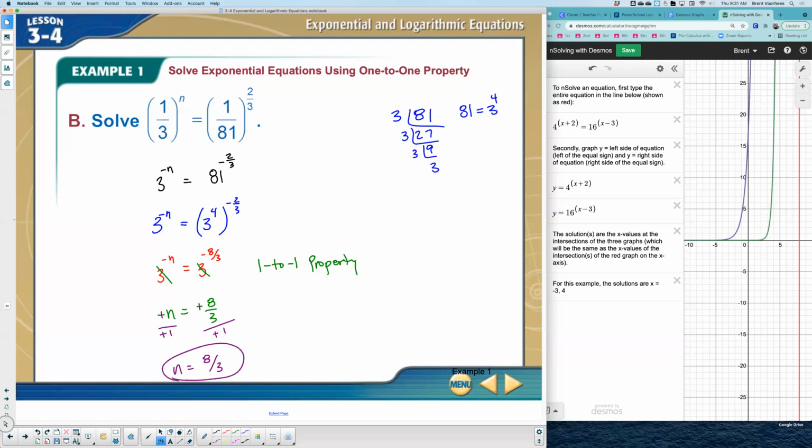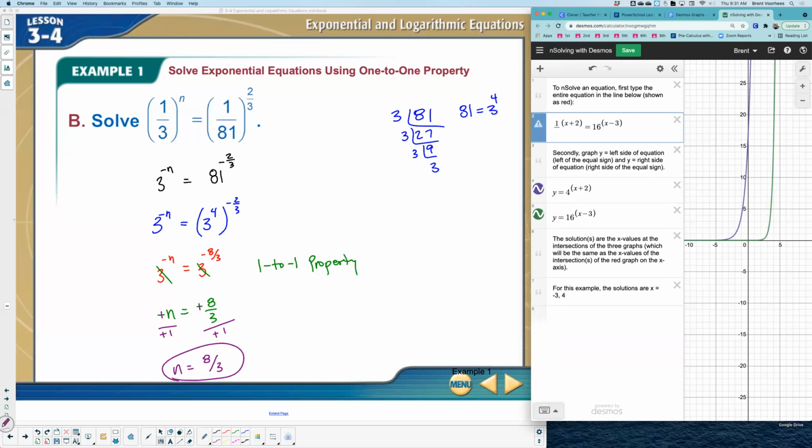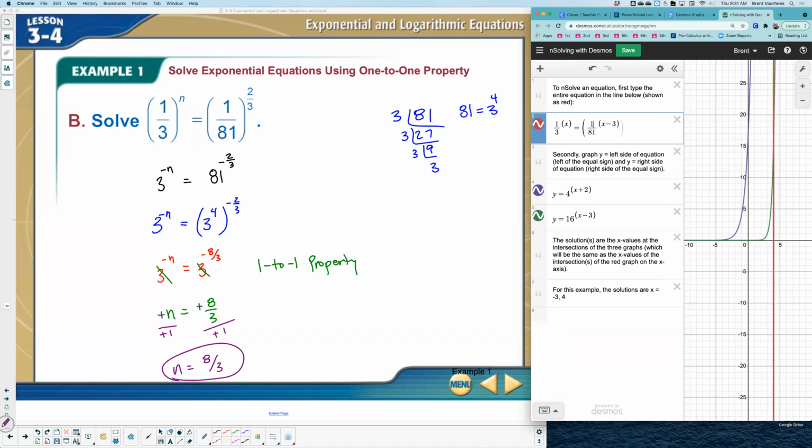I'm going to try this one just to see if this one graphs a little better. So that 4, I'm going to go 1/3 to the power of n. I'll just change it to an x though for graphing. 1/81. This might need to be in parentheses. I'm not really sure. Let me do this just in case.